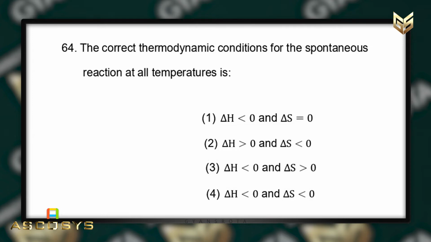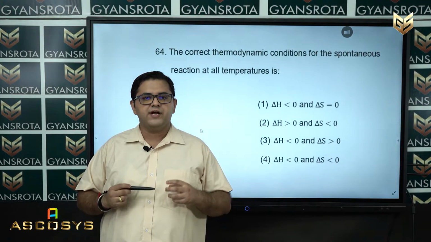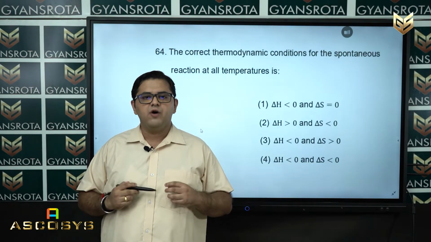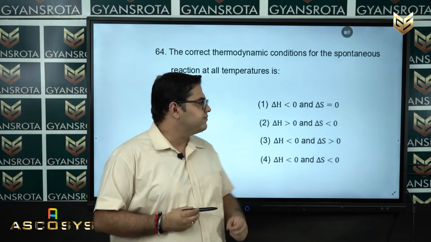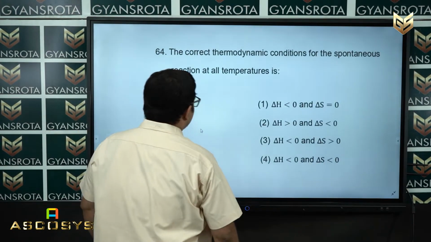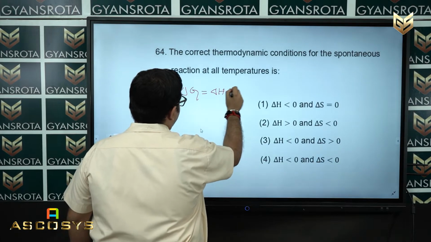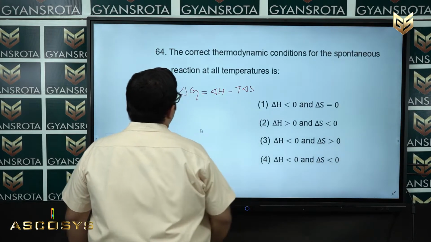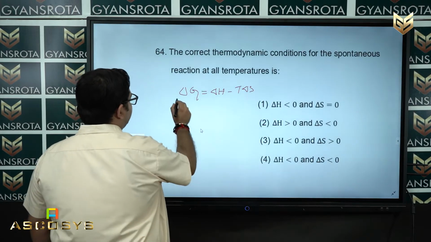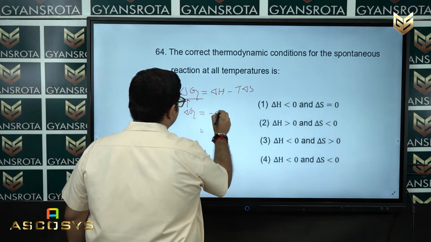The correct thermodynamic condition for a spontaneous reaction at all temperatures. This question comes from the thermodynamics chapter of your class 11 NCERT. Now we are moving to the solution part. If you see, delta G is equal to delta H minus T delta S, and for a spontaneous reaction, your delta G value should be negative.